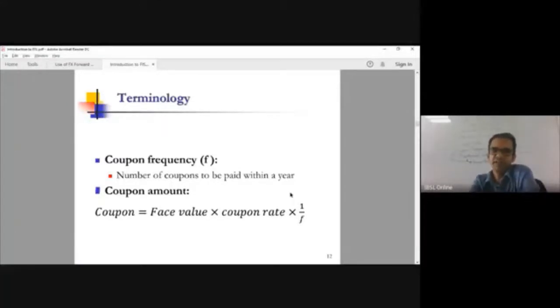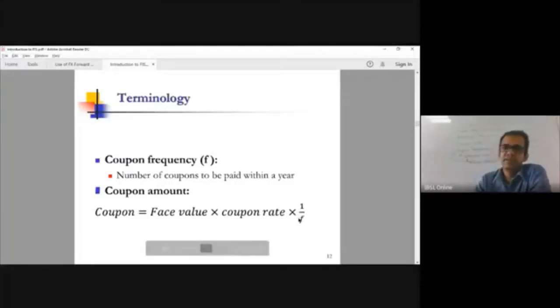Therefore, we can calculate the coupon amount as face value times coupon rate divided by the coupon frequency. In my previous example, we get 250 because of 5 billion times 10% times 1/2. So I hope it's clear.